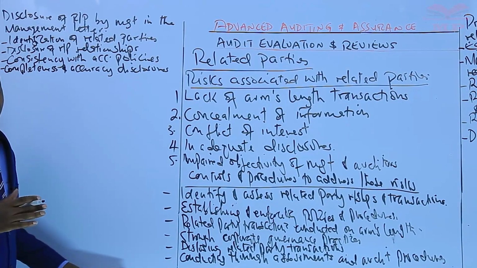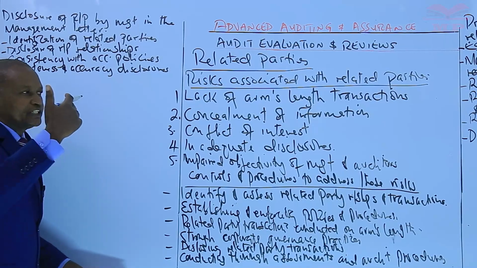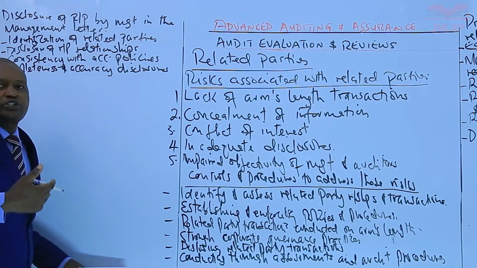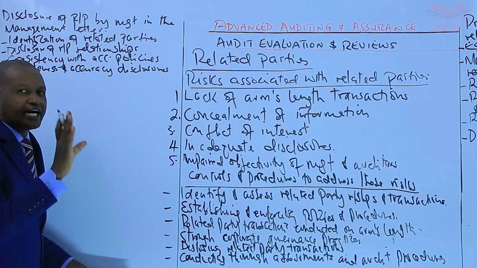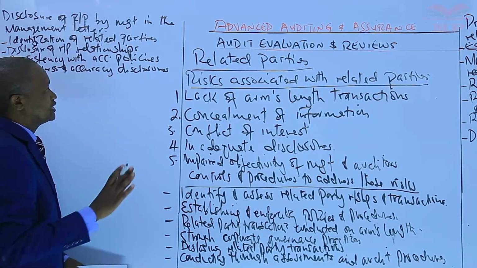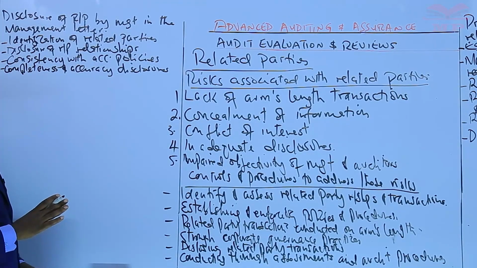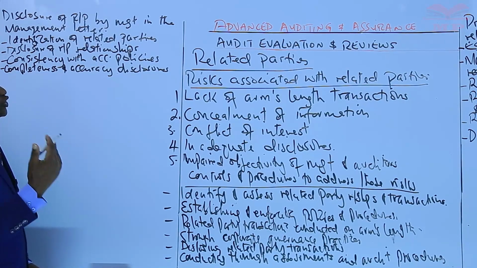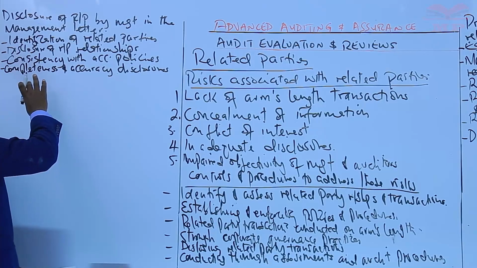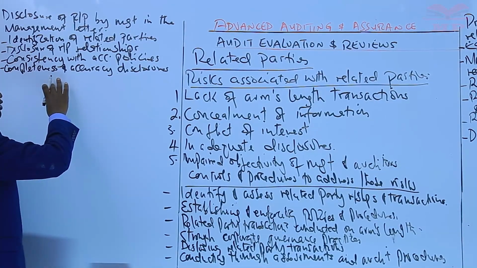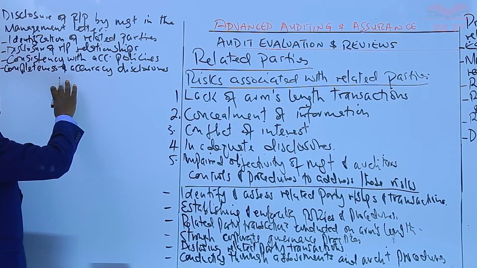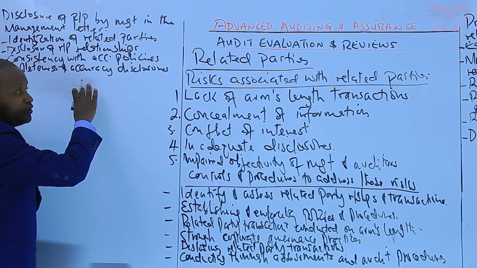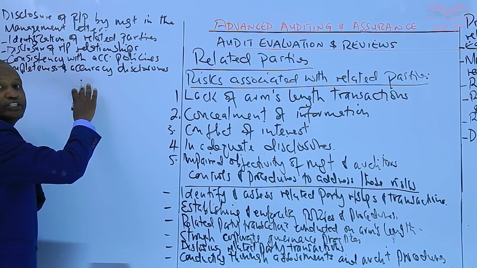And that includes ensuring that all material related party transactions have been properly accounted for and disclosed. So the management must not only represent the completeness of related party transactions, but also the accuracy of related party transactions.